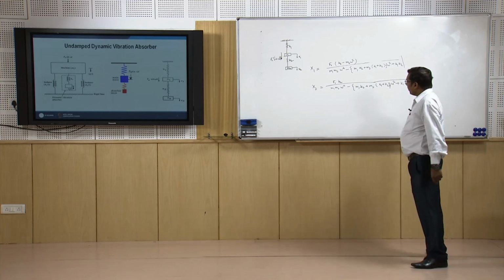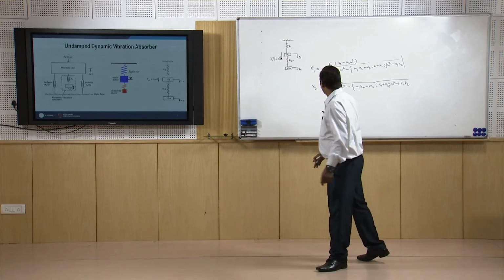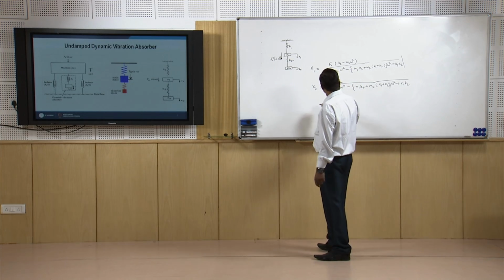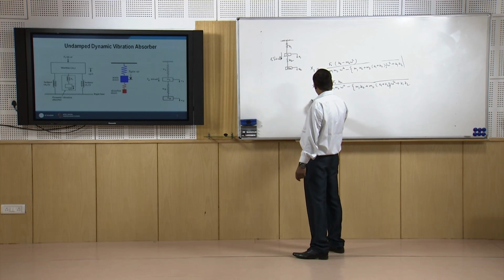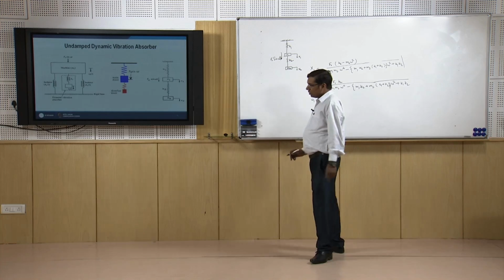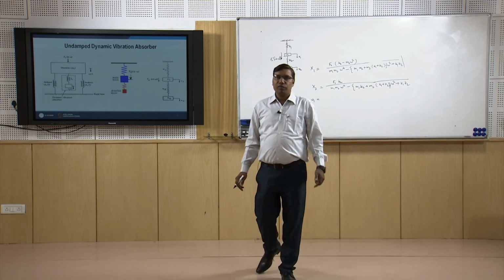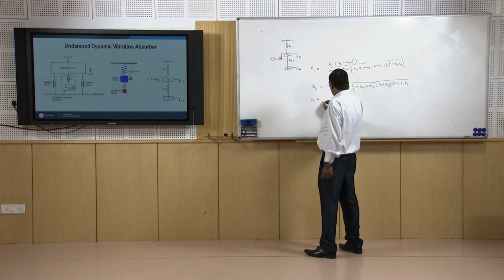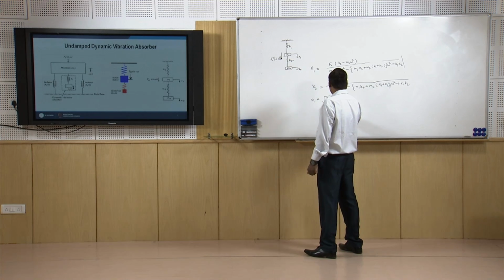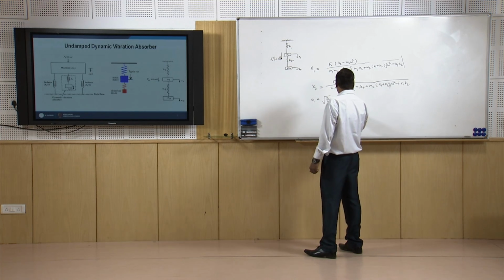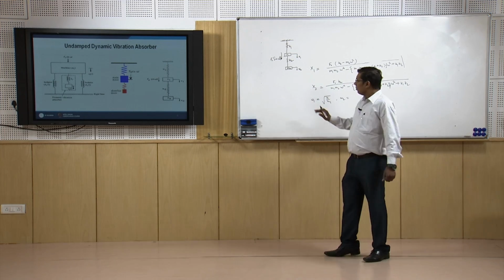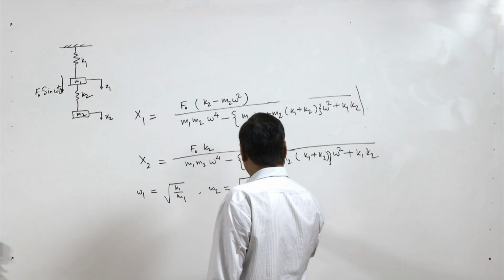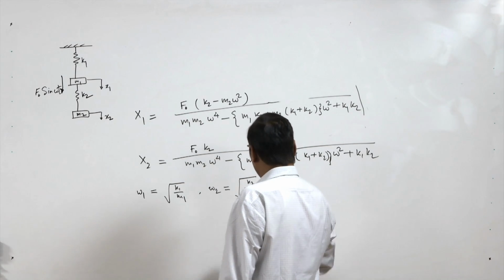Okay, so we have got x1 and x2. Now we can rewrite these equations, because here omega 1 is the natural frequency of the first system, that is root k1 by m1, and omega 2 is the natural frequency of the second system, that is root k2 by m2.